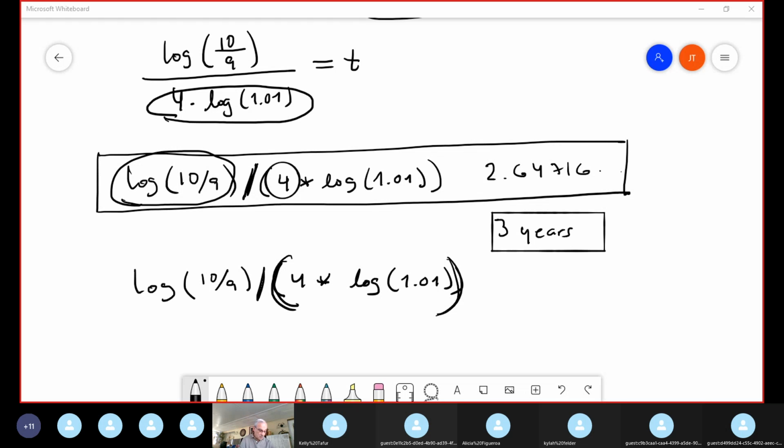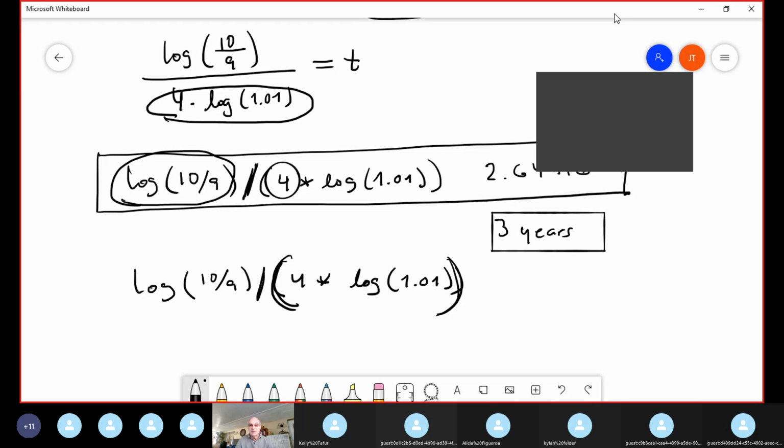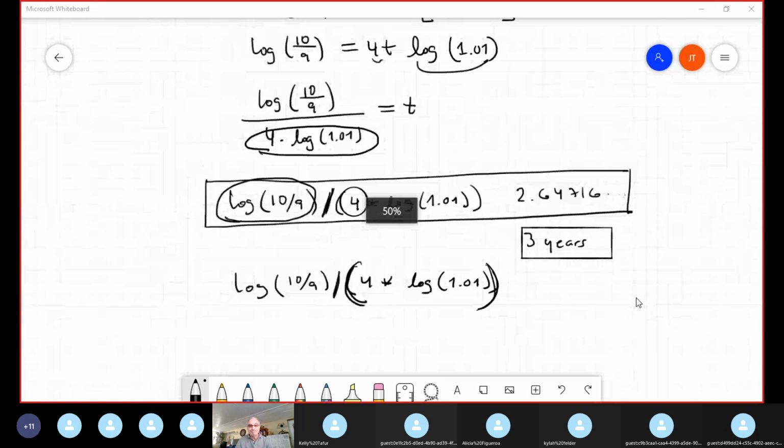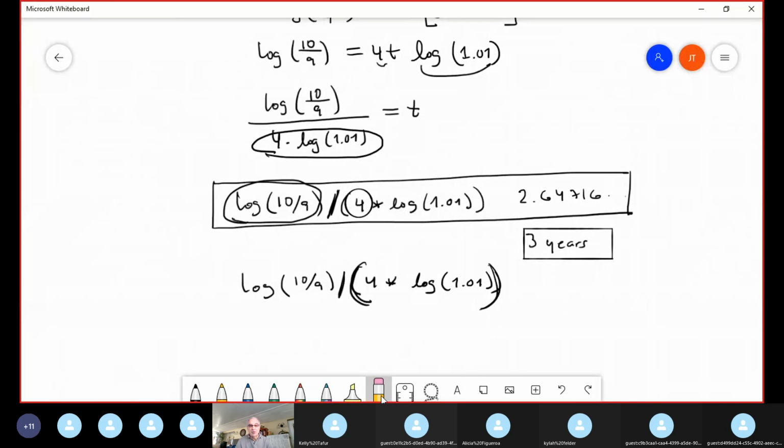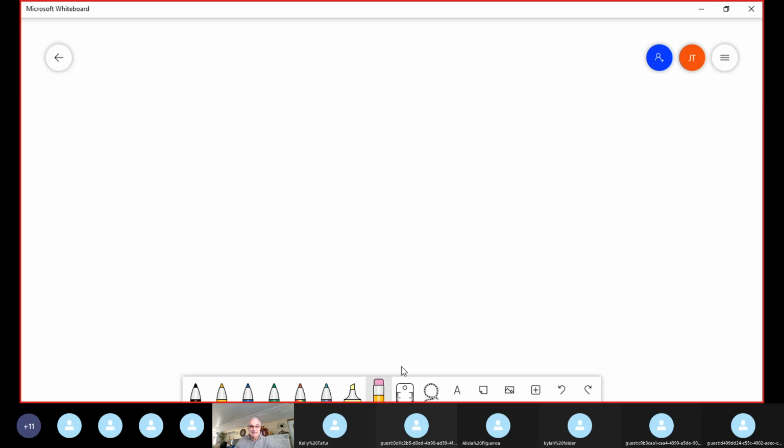One more problem, and that's it. Okay, this is the formula. Let me erase the board. This is the formula for compound interest, but we have another formula.